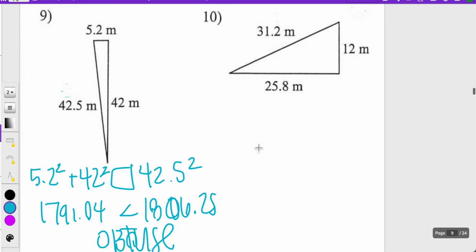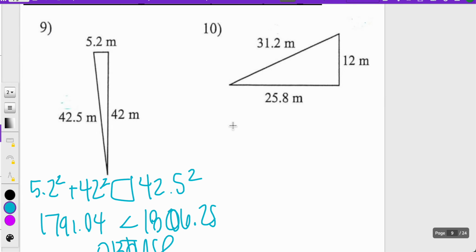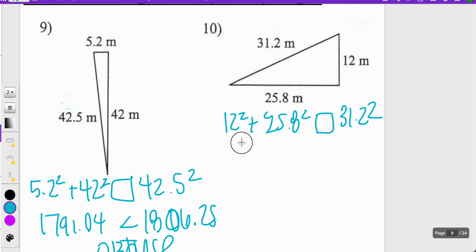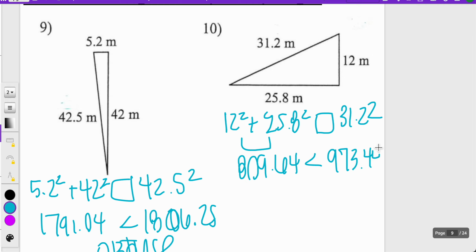And 10, we have 12 squared plus 25.8 squared is what to 31.2 squared. Again, this a squared plus b squared is going to be smaller. We get 809.64 is less than 973.44, so that one would be obtuse as well.